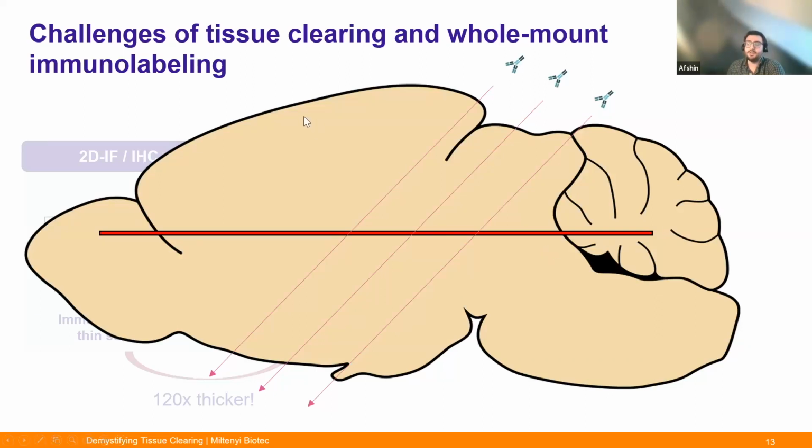On top, the tissue is opaque, so the light cannot pass through. You need to do the tissue clearing as well. Tissue clearing and immunolabeling can both interfere with each other. And then what remains is a very complex procedure, which is not easy to do.